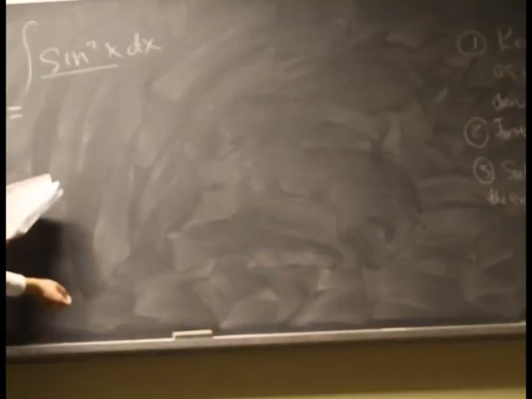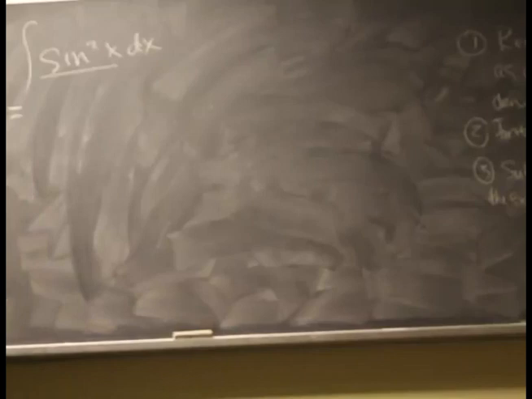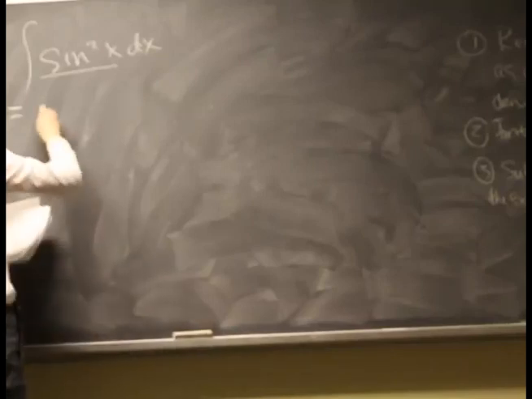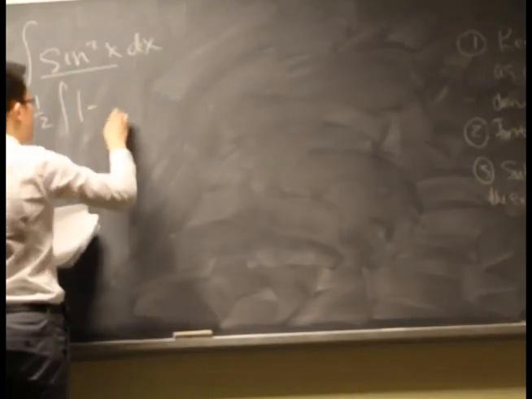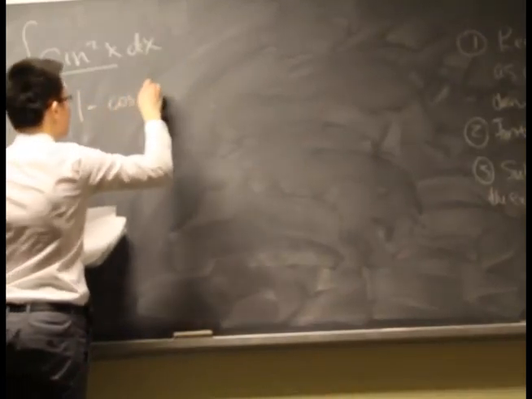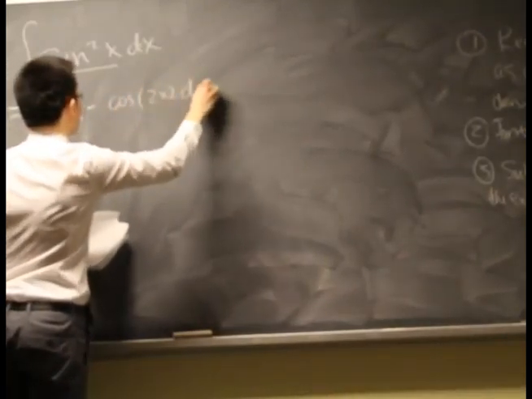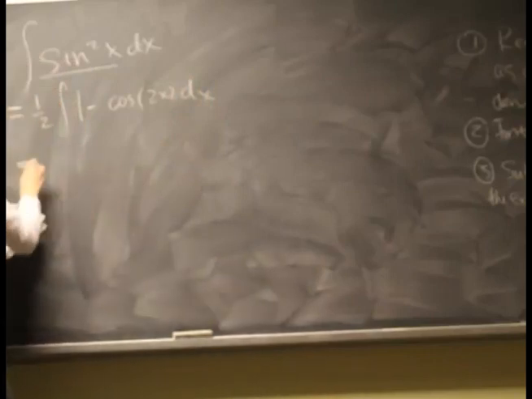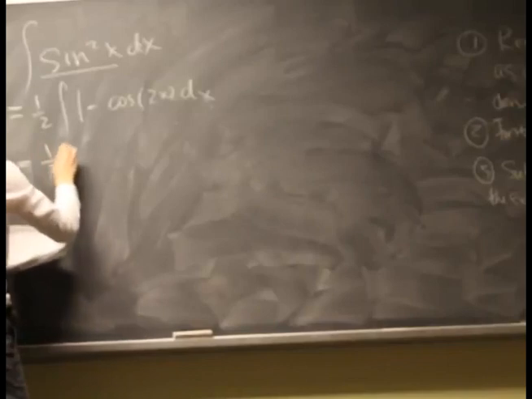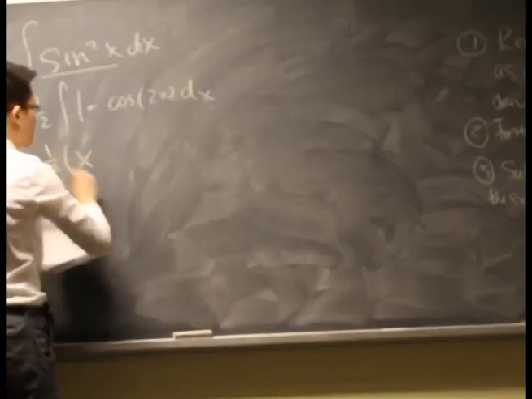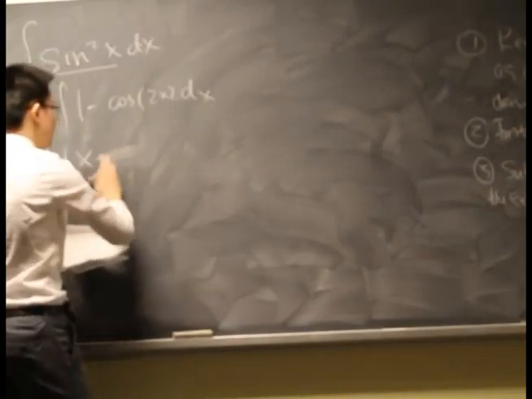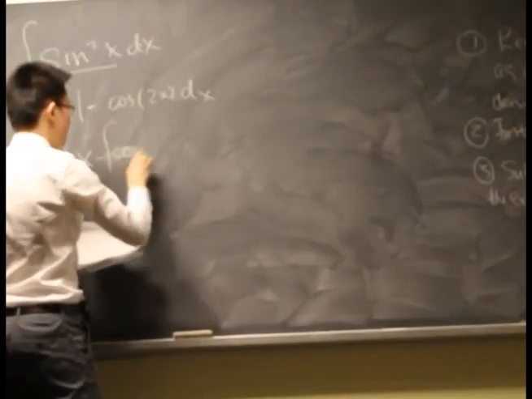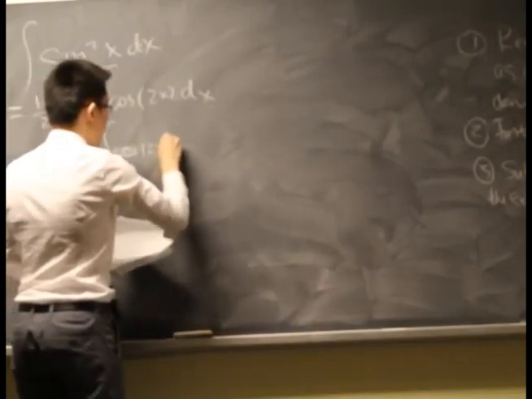So instead of doing that, we directly use one of these half-angle identities, and this will become one half integral of 1 minus cos 2x, which is 1 half bracket x minus integral of cos 2x dx.